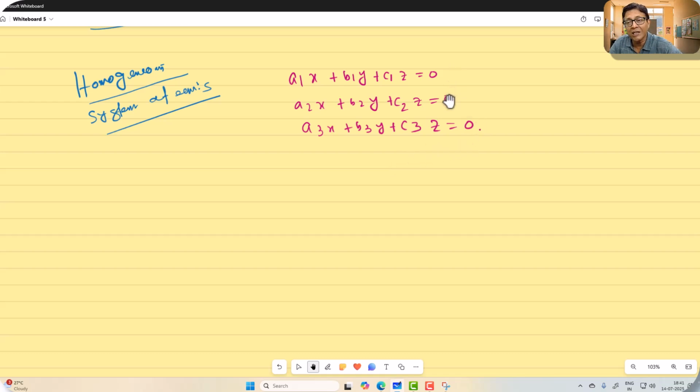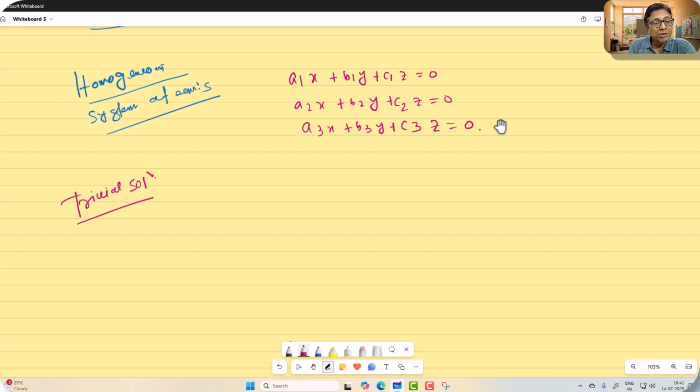Because the right hand side is equal to 0, I mean the 0 matrix. So this time the solution may be trivial, may be non-trivial. What is a trivial solution? Trivial solution means all must be equal to 0.